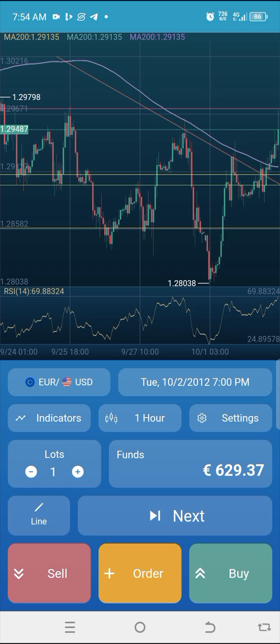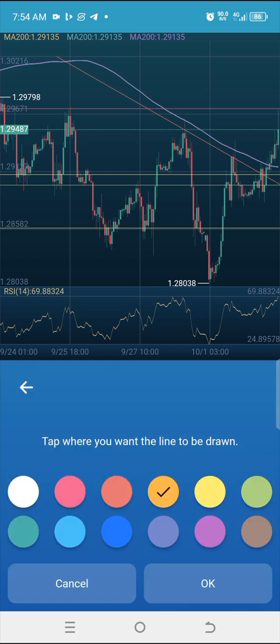On this chart, my point of interest is here, okay?